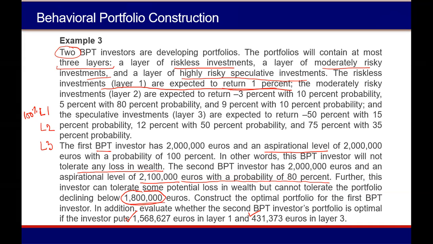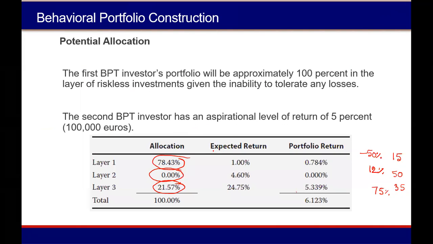I mean, the portfolio will be within 1.8 million euros when there is a risk, and is it possible for him to maintain the 2.1 million euros, which is his aspirational level? So for layer 1, there is no probability, there is no risk. So certainly he can have a 1% return.